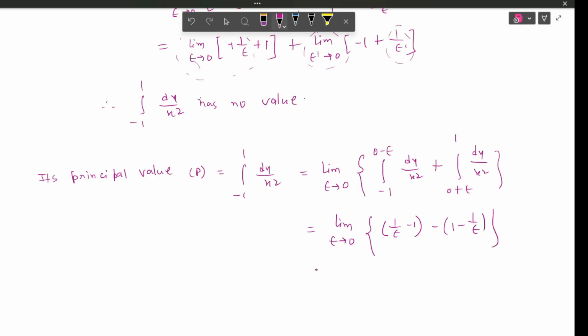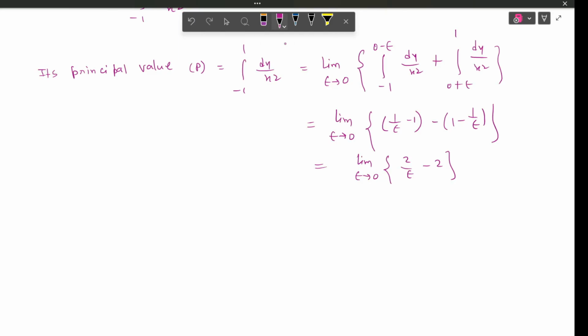Proceed the same, you will get this. So here we can see 1 by epsilon plus 1 by epsilon, that is 2 by epsilon. Okay, so limit epsilon tends to 0, this will be 2 by epsilon minus 2.